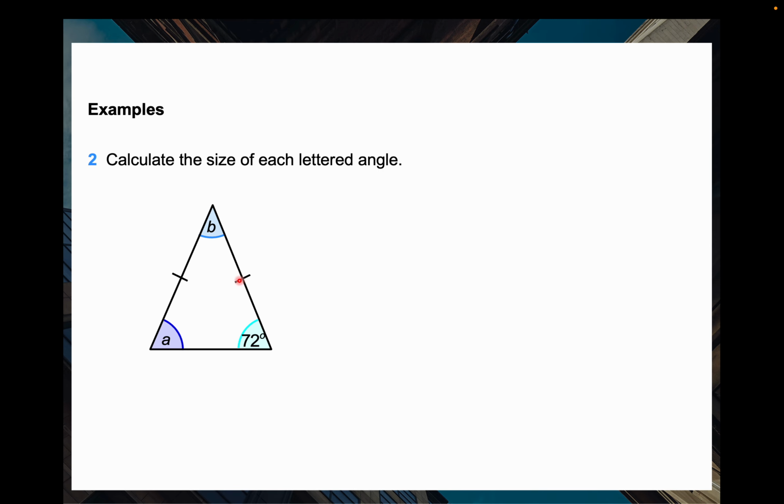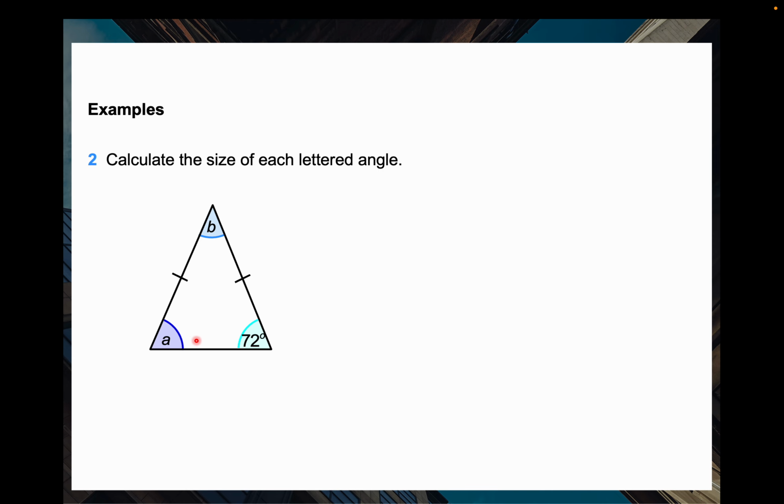If they mention this little line segment, that means this side of the triangle and this side of the triangle will be the same, as they marked these little line segments on these sides. So that means this triangle is an isosceles triangle.